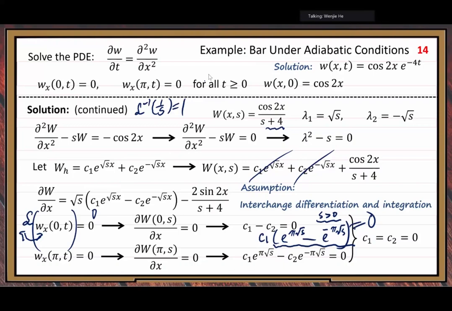For this class, you need to be able to solve equations like these 2 examples, the wave equation and the heat equation, with different coefficients and different boundary and initial conditions.